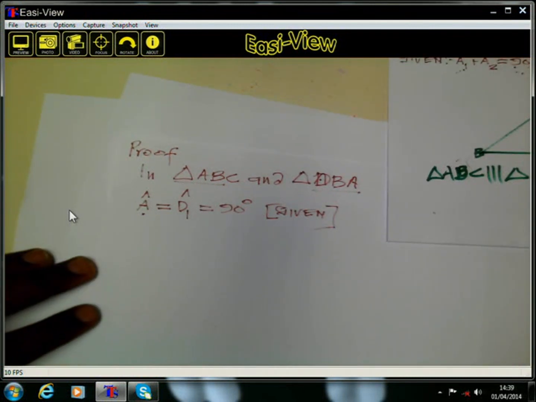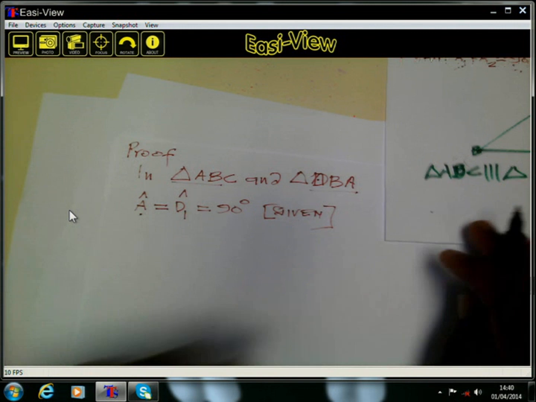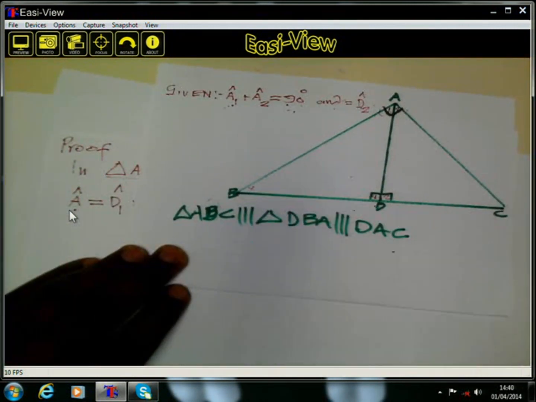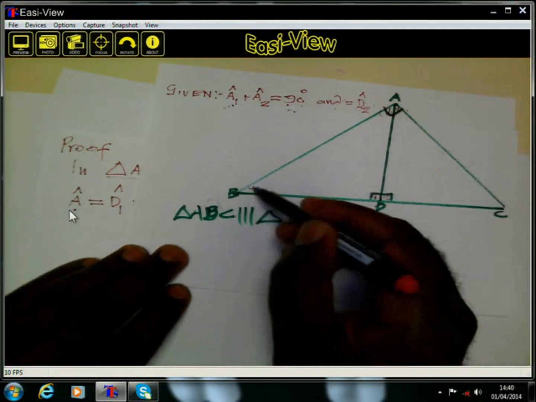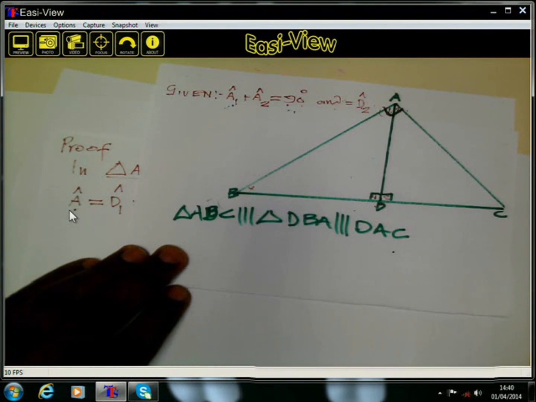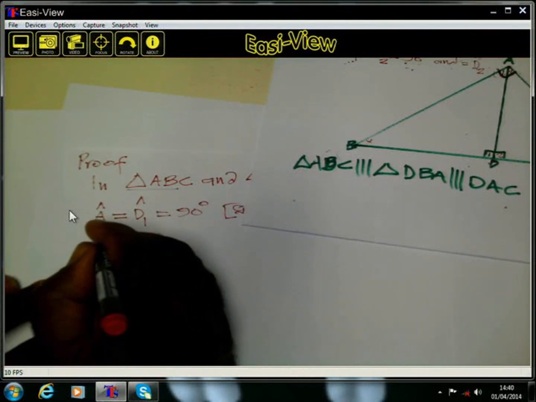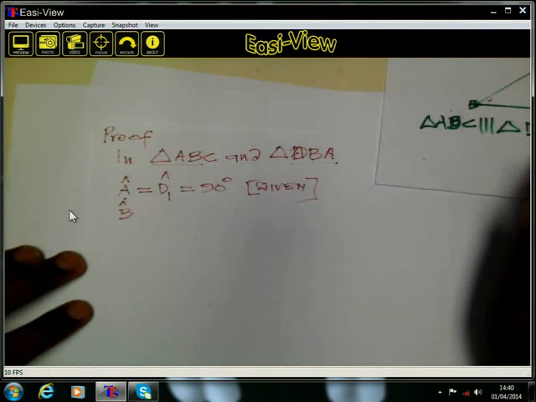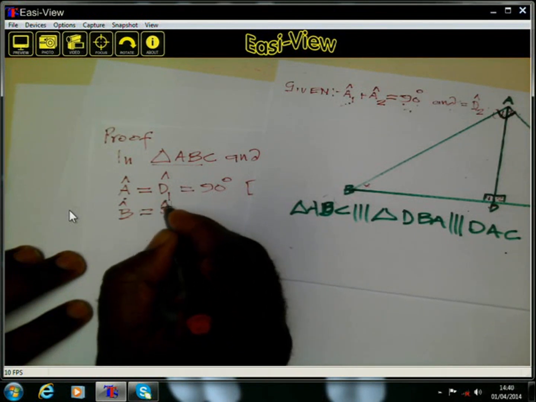Fine. Let's look at angle B. In both triangles, we have angle B. When you look at triangle ABC, this is angle B, and when you look at triangle DBA, we also have angle B. So we can say angle B of triangle ABC is equal to angle B of what triangle?